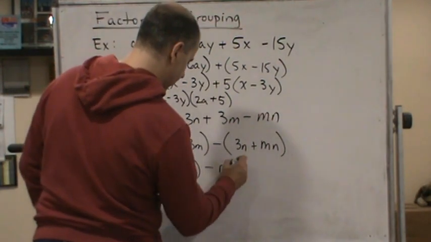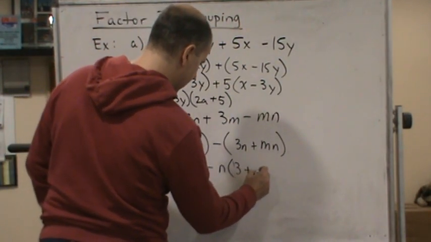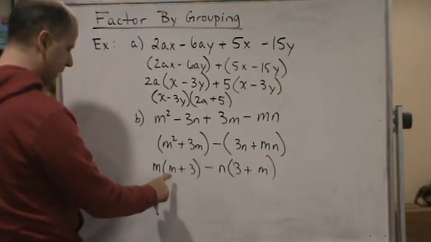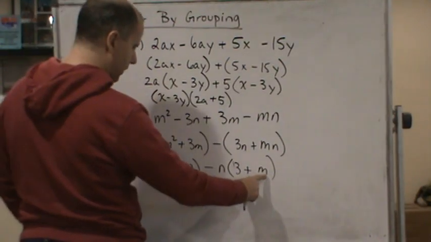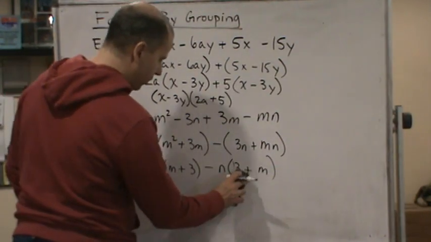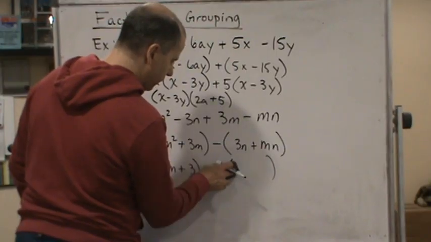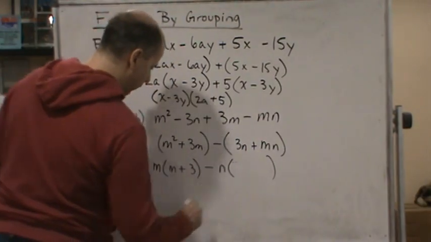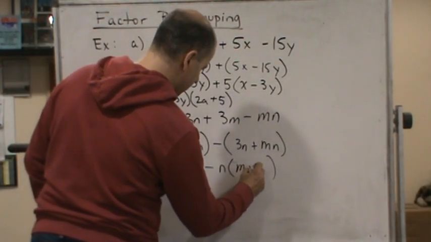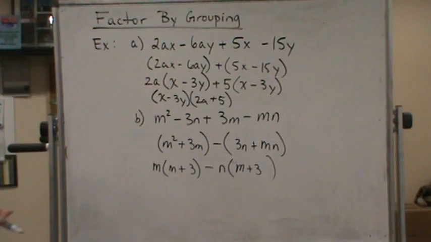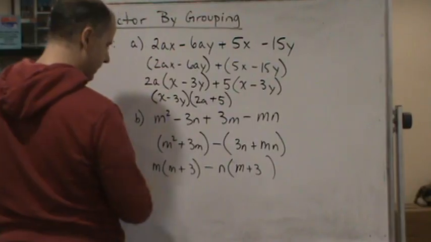And if I do this, I get 3 plus m. Now notice that this is m plus 3 and 3 plus m, but using the commutative property, I can just switch those and write this as m plus 3, so you can better see that they have the same common factor.